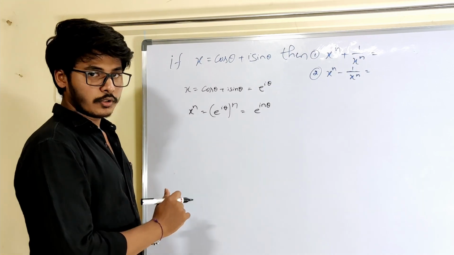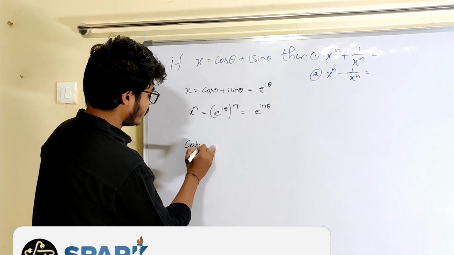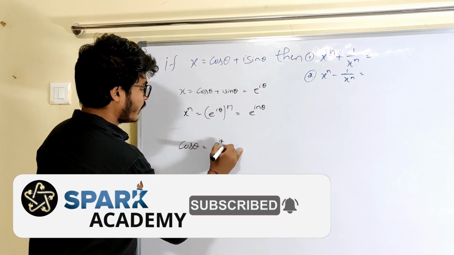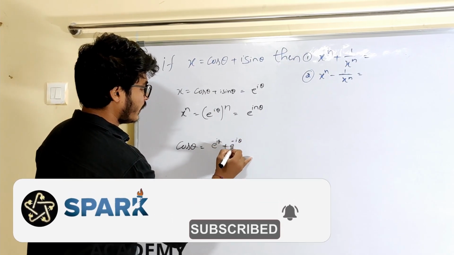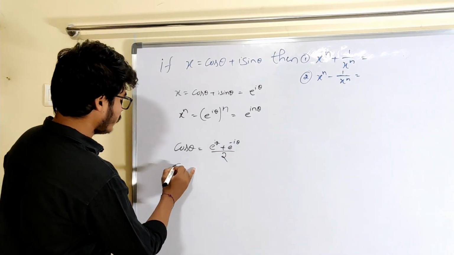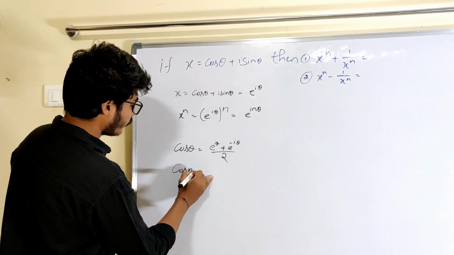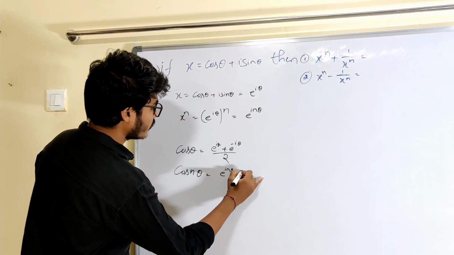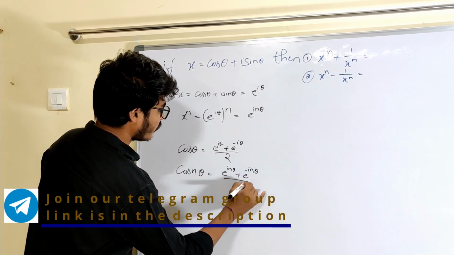And we know cos theta is equal to e power i theta plus e power minus i theta whole divided by 2, and cos of n theta is e power i n theta plus e power minus i n theta whole divided by 2.